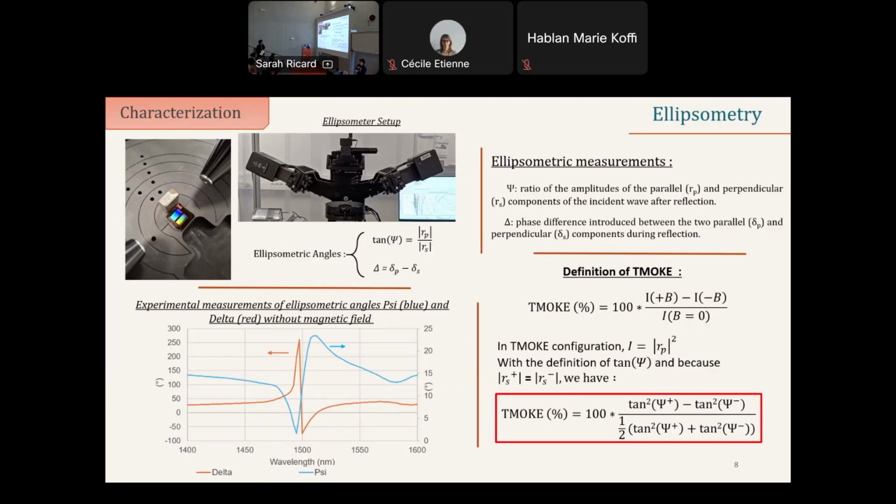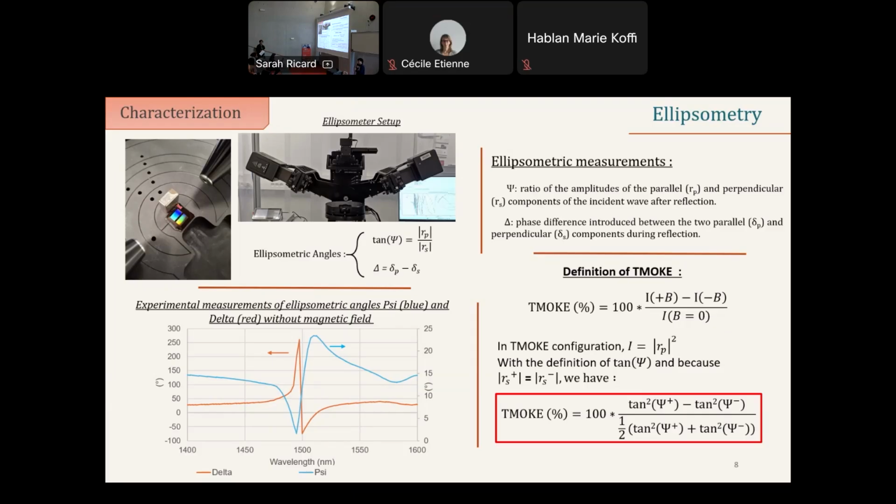When we are using the S component of the wave, we observe that it is the same even if we change the magnetic field. So from that and the ellipsometric angle, we have this equation, but it's exactly the same as before.